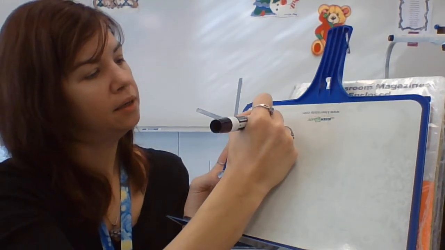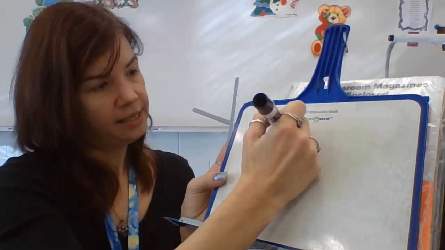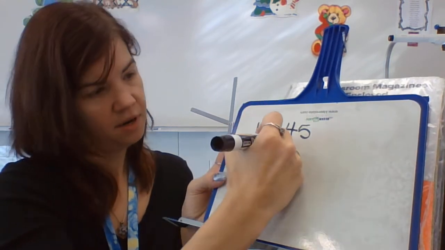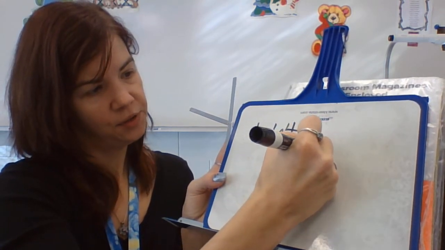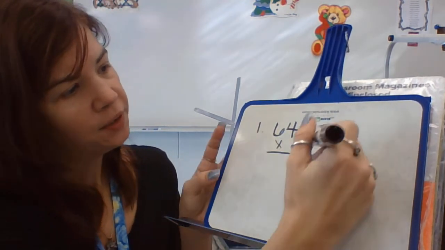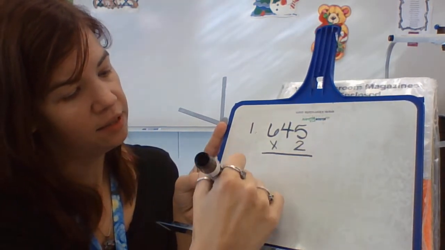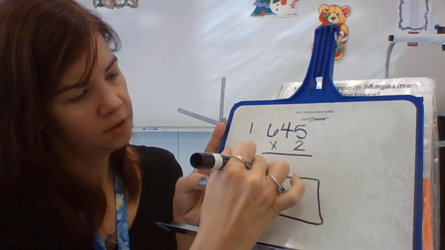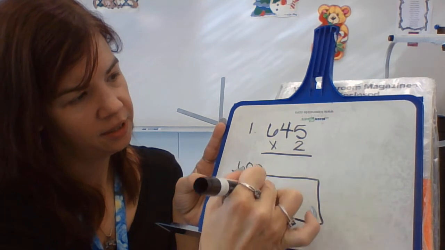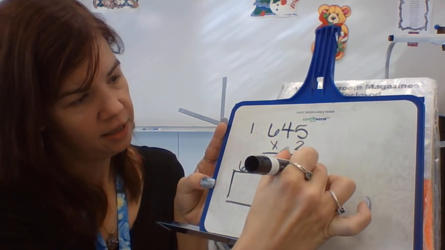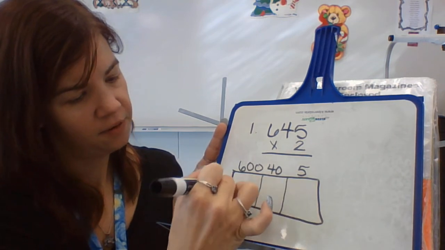Number 1 is 645 times 2. Last week we did the box. 640 and the 5.